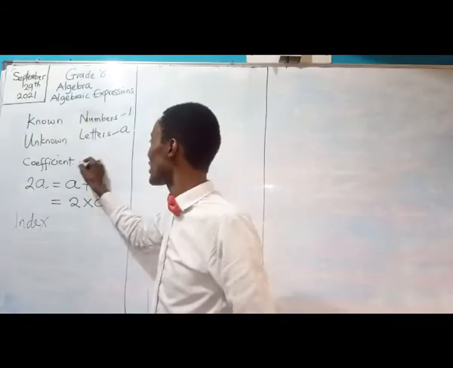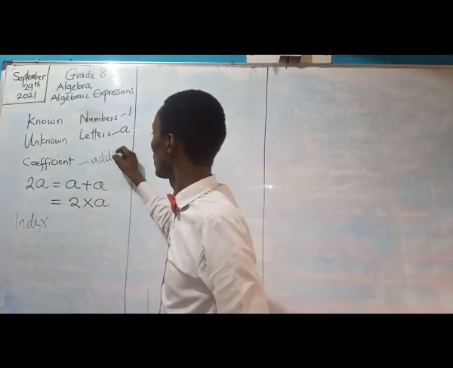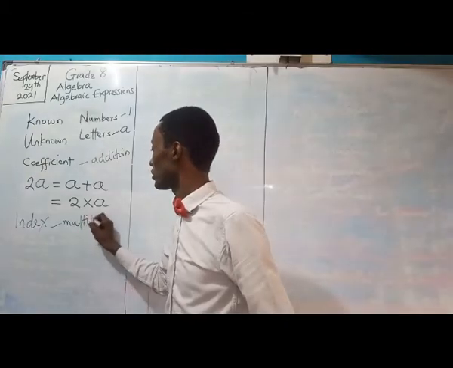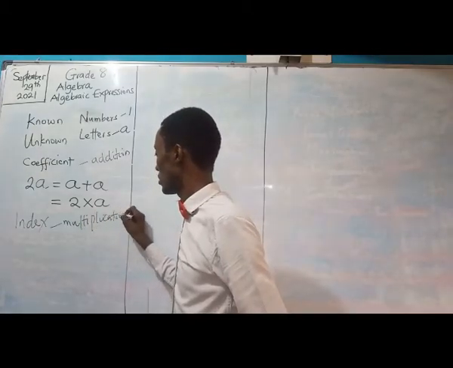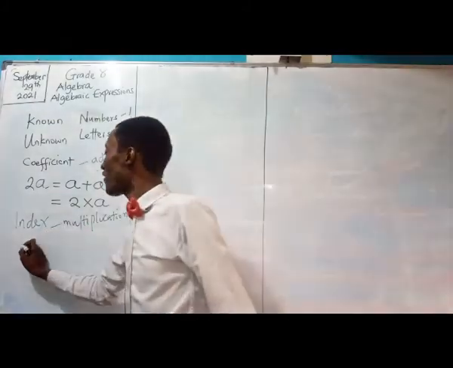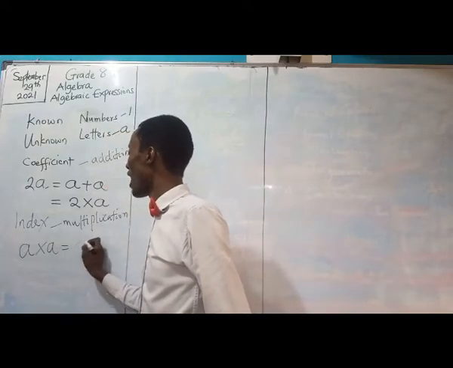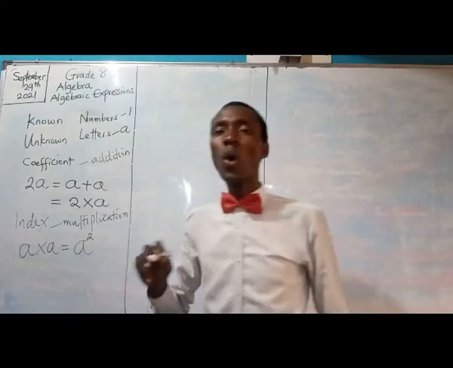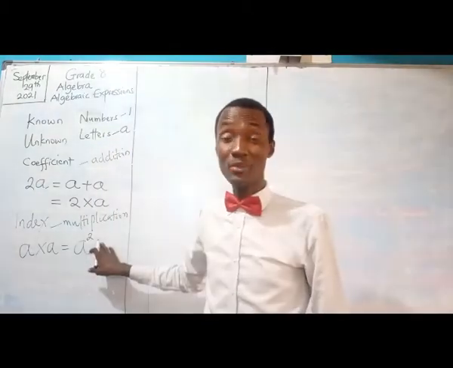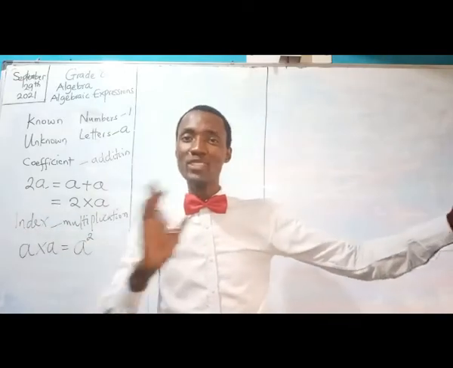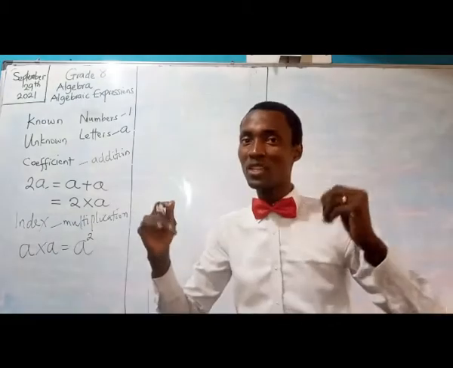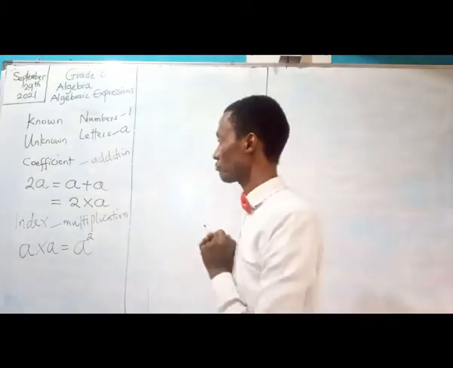The key word here is addition. And the key word here is what? Multiplication. So, in index, just to bring it better home, if I have A times A, I'm going to have A squared or A index 2. Just by way of having a recap and to help you to connect one aspect of math to another. But that's not where we're going to. Just wanted you to see the difference as early as possible.